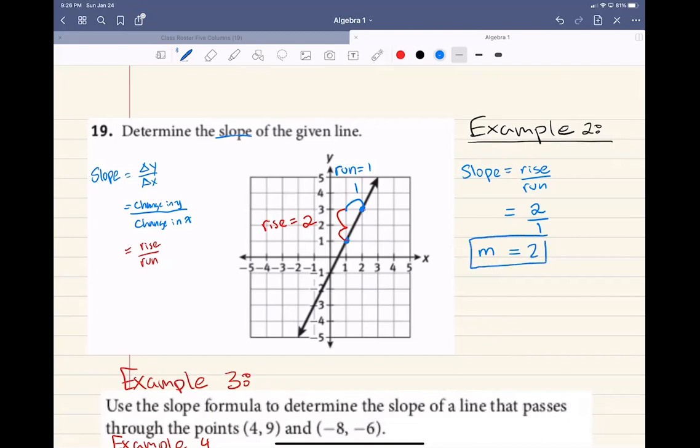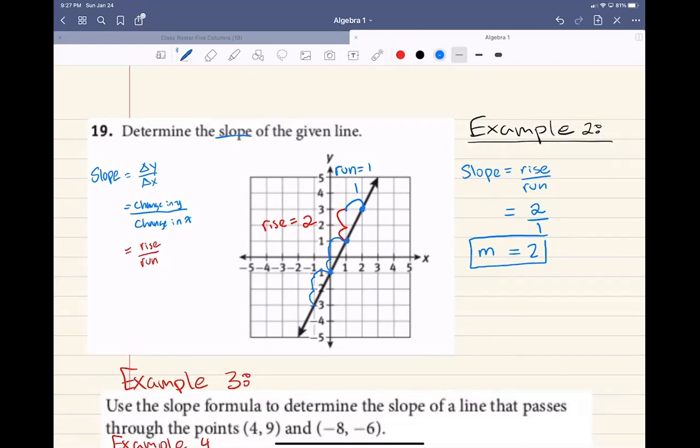Right? And if you see here, the next point right here, it's the same thing. It's go 1, 2 over 1. That's basically our slope. All right, it's pretty simple, right? You guys think you can handle this? All right. I think it's pretty simple too. And this is how you can find the slope when you're given a line, and that's it.